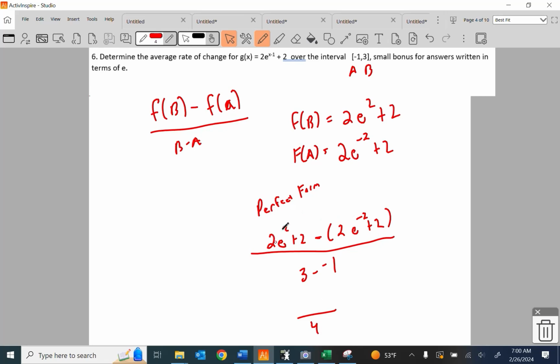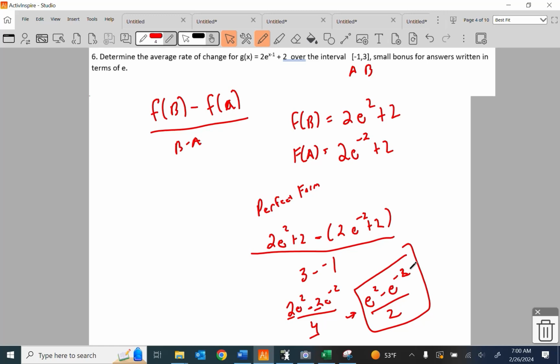And these guys are not alike, but here we have 2 minus 2, which is nothing. So we have 2e squared minus 2e to the negative second, and everything up here is divisible by 2. E squared minus e to the negative second over 2 is the perfect form. Perfect form. And I said I'd give a small bonus for that.